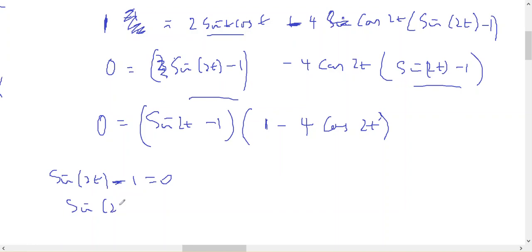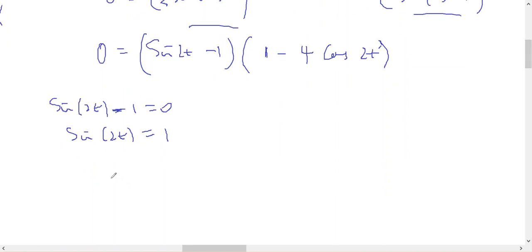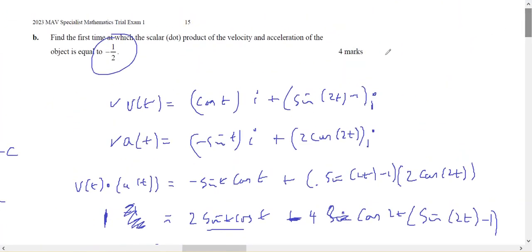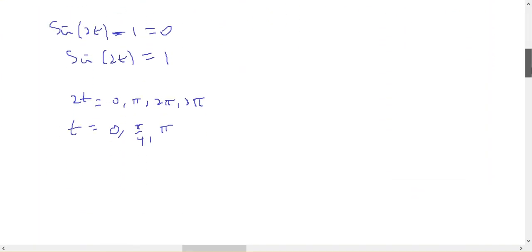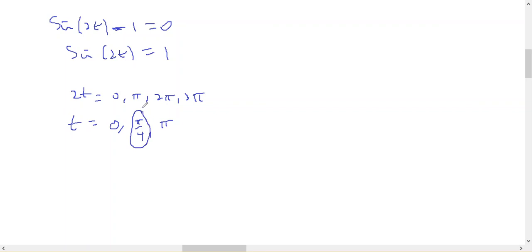Therefore, sine of 2t equals 1. And that will occur when the angle is 0, pi, 2 pi or 3 pi. But that's 2t, so t will equal 0, pi on 4 or pi. And since I'm looking for the first time at which that dot product equals -1/2, my first time is going to be pi on 4.